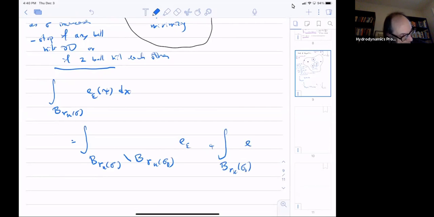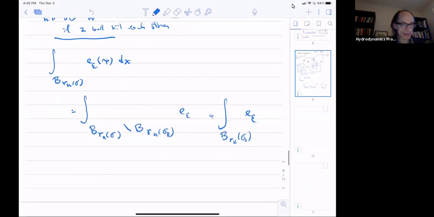And this would be true also if I increase from sigma 1 to sigma 2. It's the same argument at every step. So let's do this with sigma 1 and sigma 2.